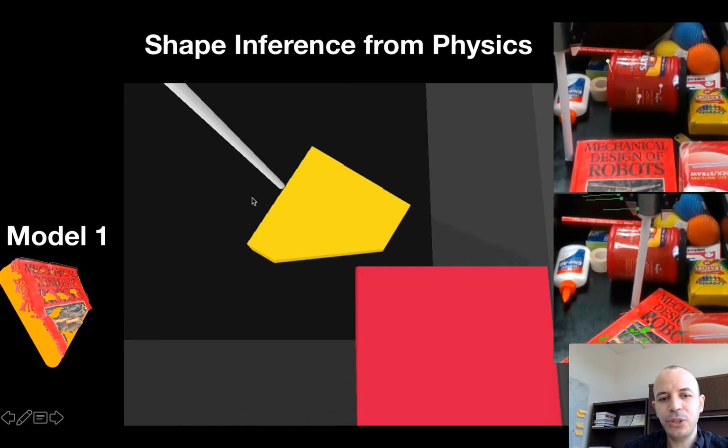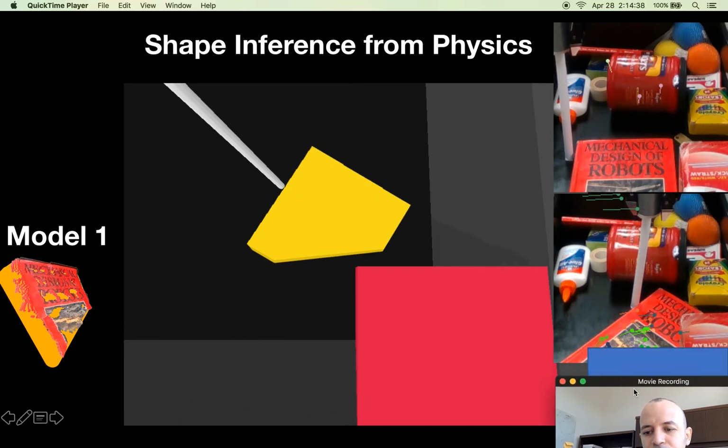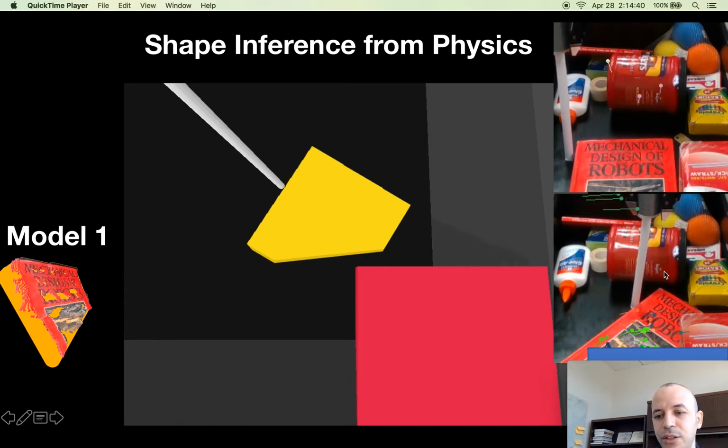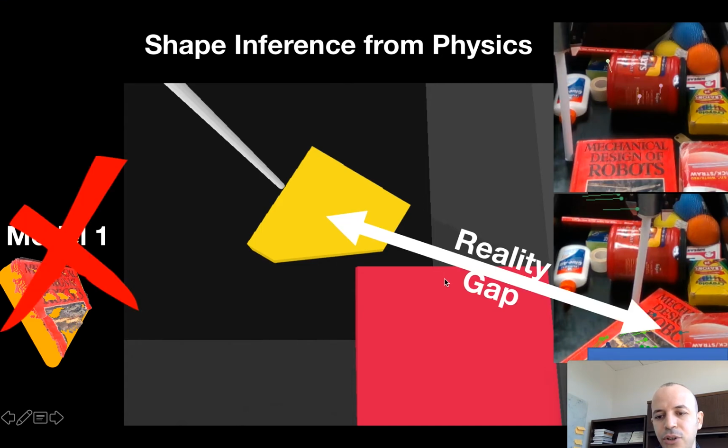Now we're going to compare the result of this simulation with what we have seen and what we have tracked using SIFT tracking on the real experiment. Look at how this book rotated. There is a huge reality gap in this case actually. This rotation doesn't match this kind of rotation. The angle is not exactly the same, which means that this model has very low probability.